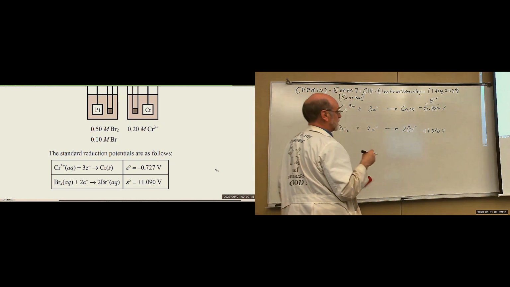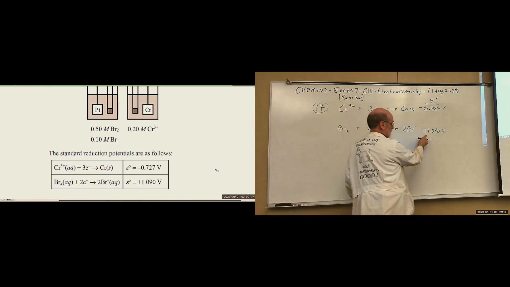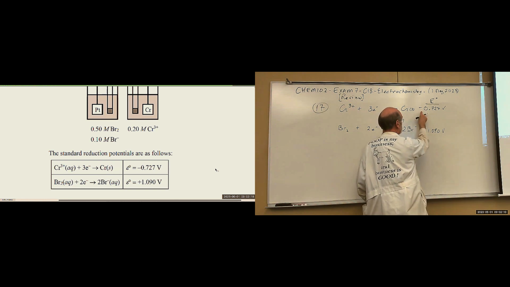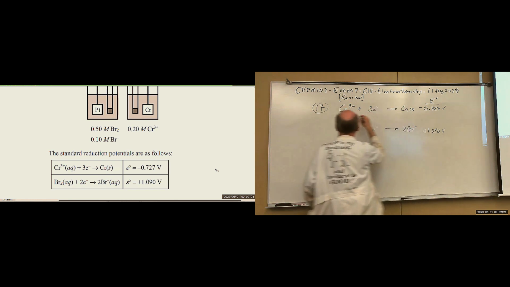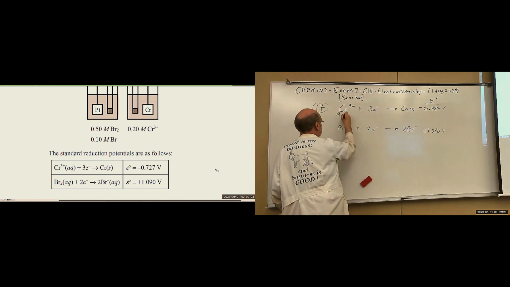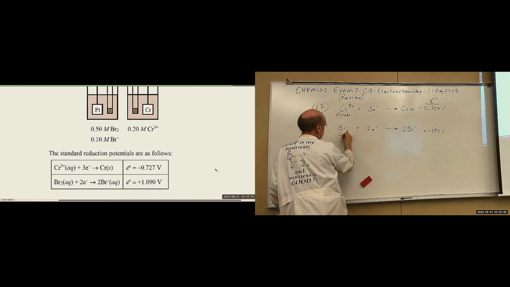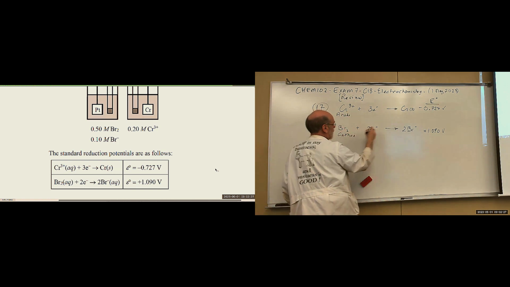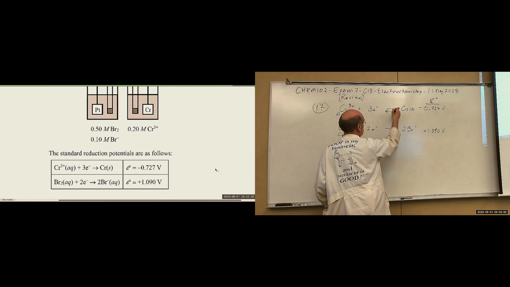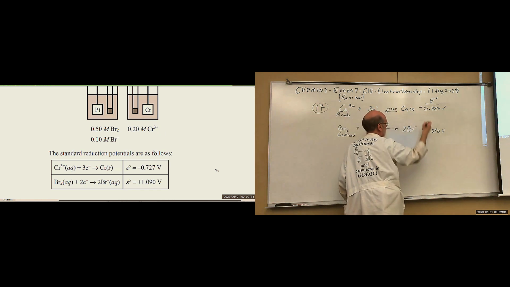So which one has to be flipped? You don't want to flip this one, you're going to get negative. So we got to turn this one into the anode. This one would be the anode, this one would be the cathode. And if we reverse the direction, that makes this one positive.